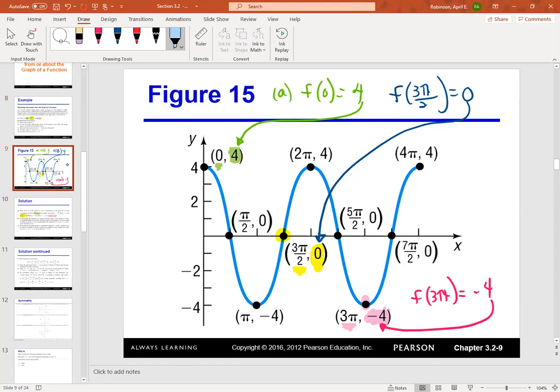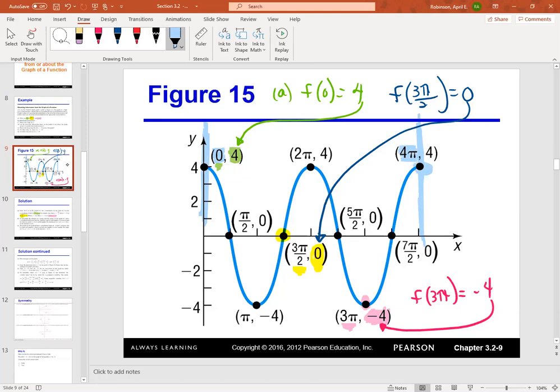And when I look at this chunk of graph, the graph starts right here and ends right here. So the x coordinate of this point is the beginning of my domain, and the x coordinate of that point is the end of my domain.